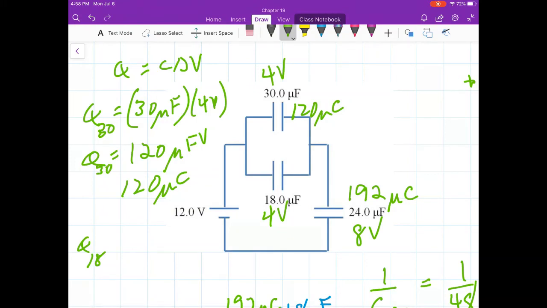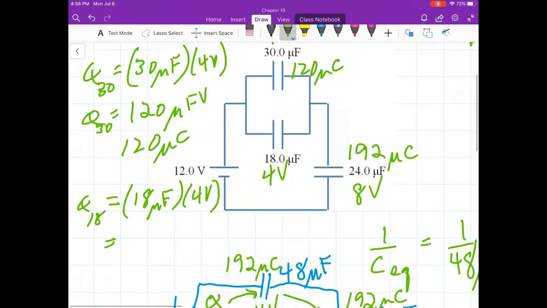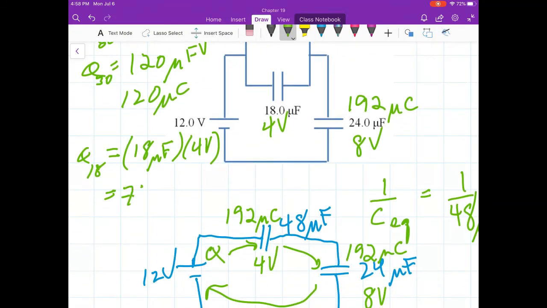Okay, so the Q for the 18 is C delta V. Capacitance is 18 microfarad. The delta V is 4 volts. 4 times 18 is 72.